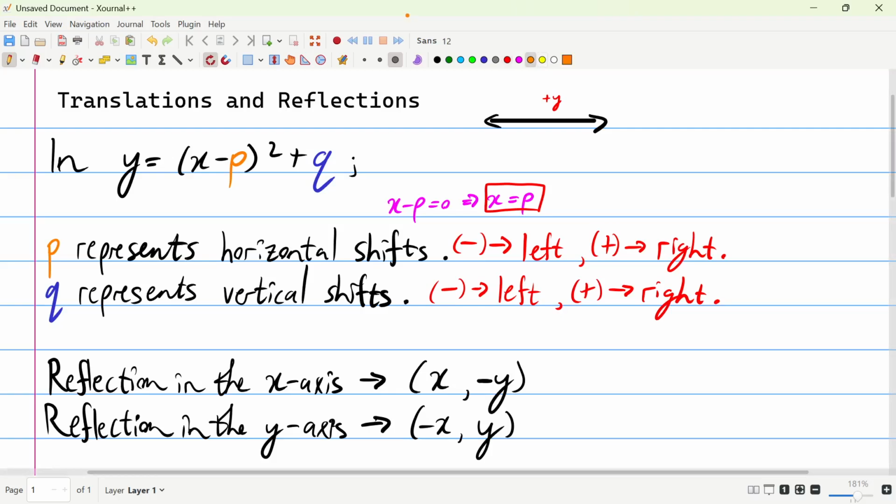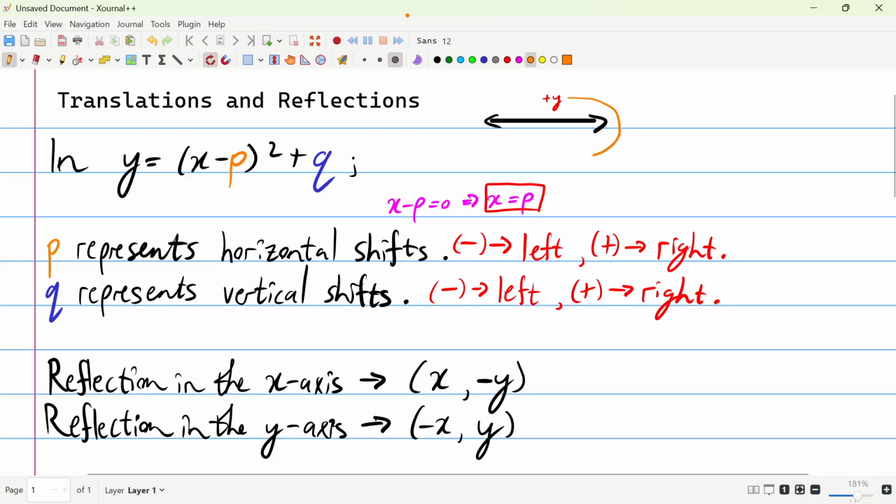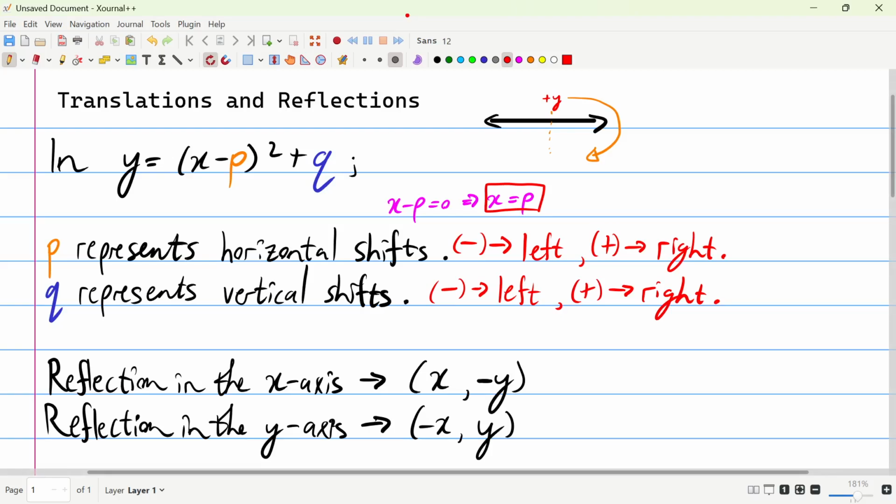And if we are going to reflect it about the x-axis, that means we are going to reflect it around here, and then that y value that we initially had becomes negative. However, the x value will stay the same. Okay. So it essentially looks something like this.